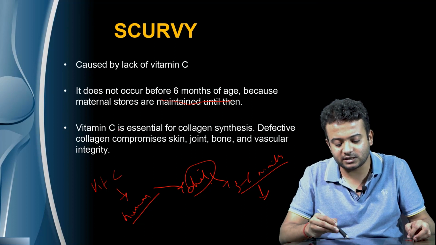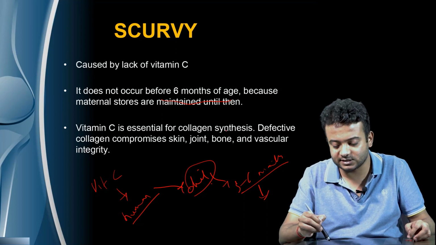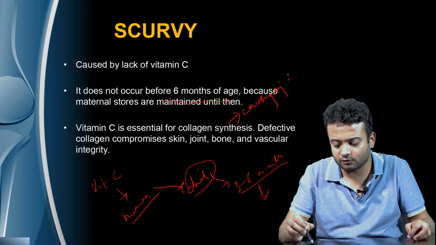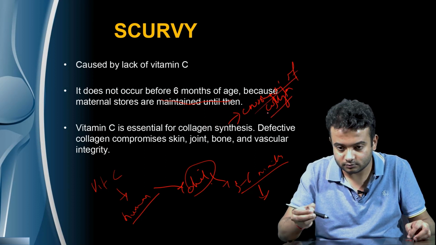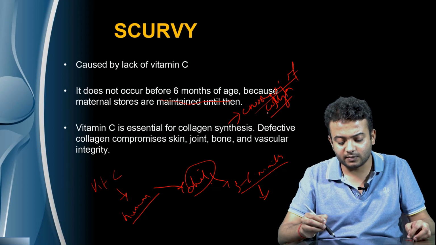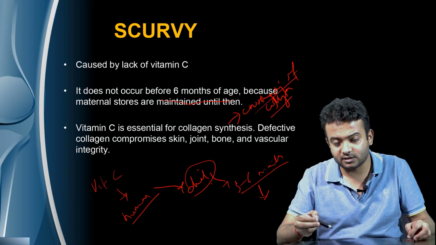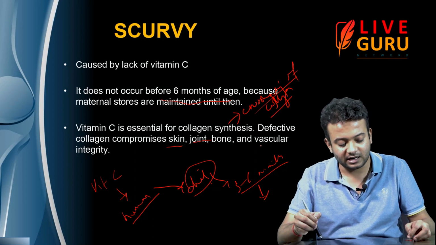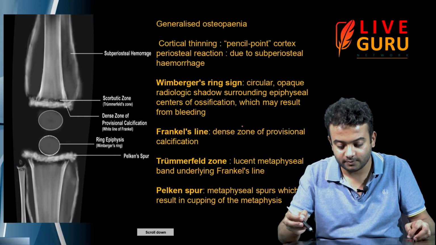And vitamin C is important for collagen synthesis, predominantly for the cross-linking of collagen. Hence, there will be deficiency in collagen polymerization, which will lead to compromise not just in the bone, but even in the skin, the joints, and even the vascular integrity.